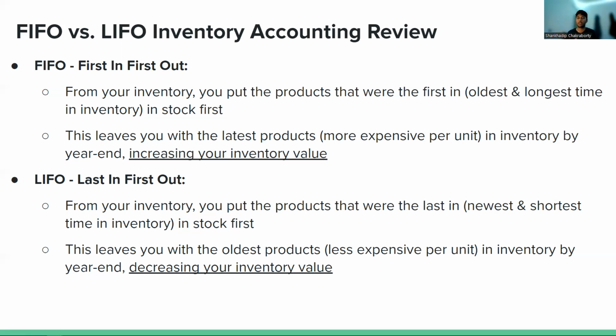And then you slowly make your way to the older products within your inventory, but you try to sell the new ones first. So this leaves you, conversely with FIFO, with your oldest products in inventory, and this thus decreases your inventory value.